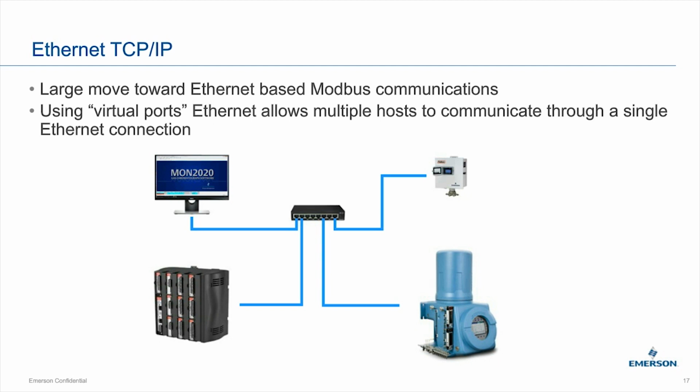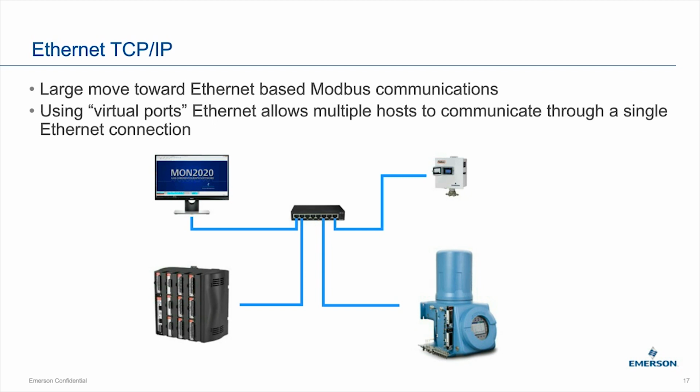And the other advantage is that you can communicate with the flow computer or the DCS or RTU or SCADA system, PLC, to the device, and you can also, on the same Ethernet link, talk to the GC with the MON 2020 or the MON 2000 diagnostic software without interrupting the communications to the host devices.